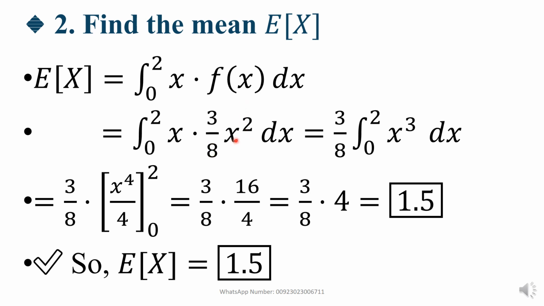Now here we have x square and x. Then x power 2 and x power 1, we add both, x power 3. Now 3 upon 8 is a number you can write here, then the integration from 0 to 2 of x power 2 plus 1, x power 3 dx.